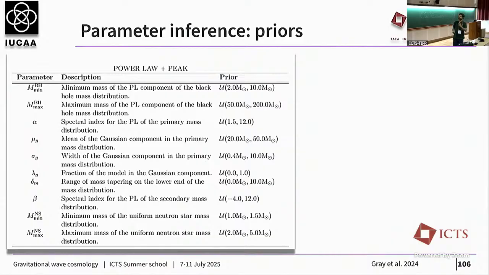So where exactly is this peak? Okay, so that's the mean of this Gaussian component. What is the width of this peak? That can be another component. What is the fraction of things which are within the peak and outside the peak? So within the power law component and outside in this peak, you can move them up and down, right? So that parameter is this lambda g. Okay? Then there is a smoothing that is done, and so on and so forth. Okay. So there are parameters which describe the shapes.